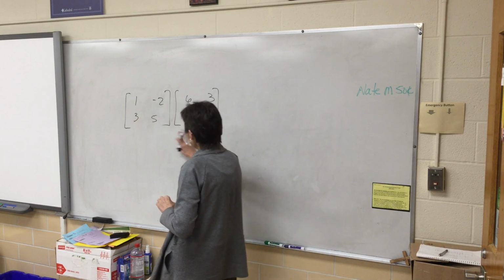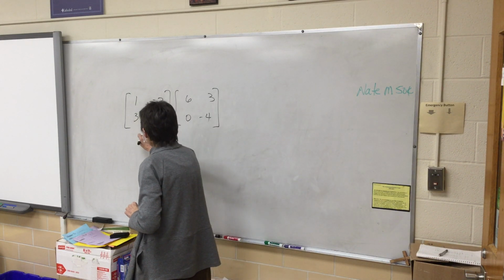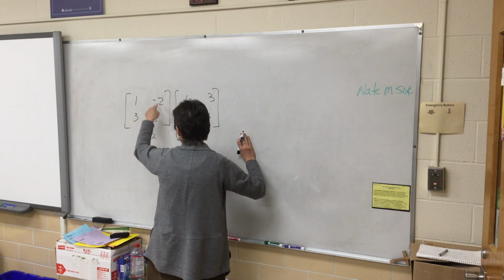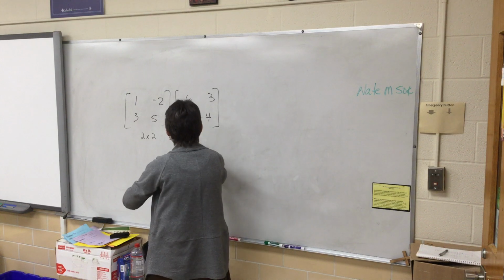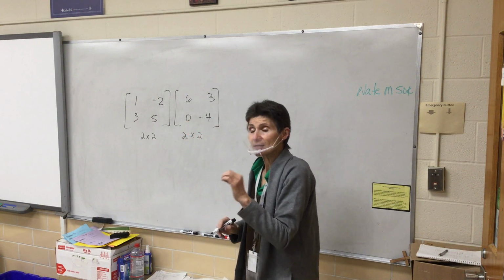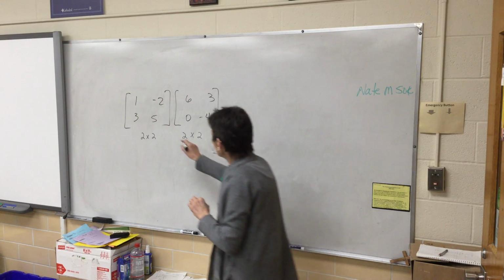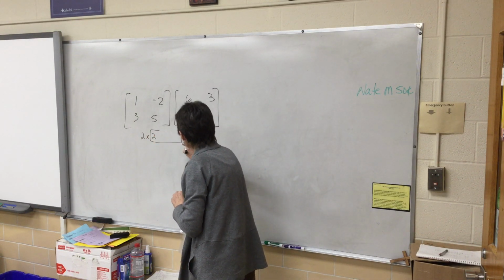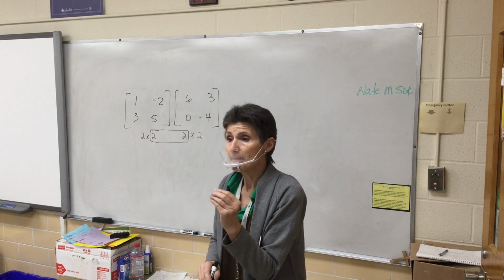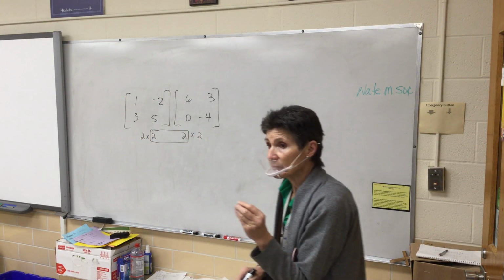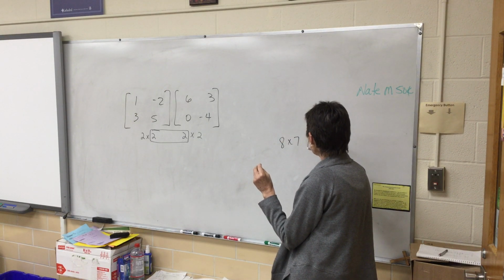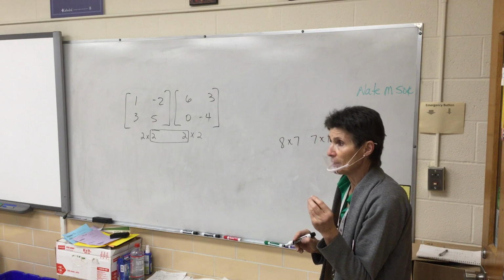If you want to multiply 2 matrices, write down the dimensions of each. So this one is 2 by 2, and this one is also 2 by 2. All that matters in multiplication is that these 2 numbers match. The middle numbers must match. So you could have an 8 by 7 and a 7 by 12 and multiply them.